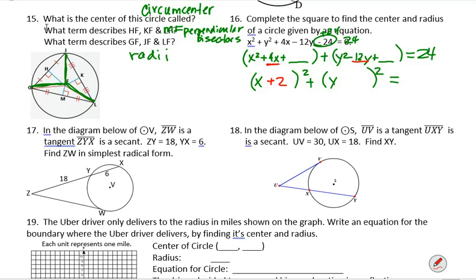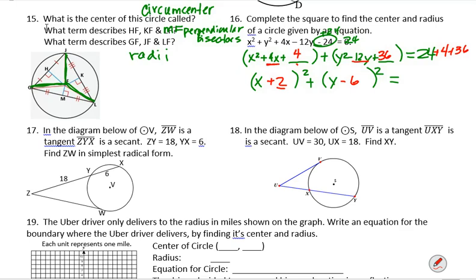We're going to take half of that, negative 12, so that's going to be minus 6. Now, to figure out what goes up here in this blank, we're going to square the 2 that's right here. So we're going to square the 2, and that's a 4. Now, if we add something to the left of the equal sign, we have to add something to the right. Here again, with this 6, we're going to square this 6, so that's going to give us 36 up here. And so we're going to add 36 to here.